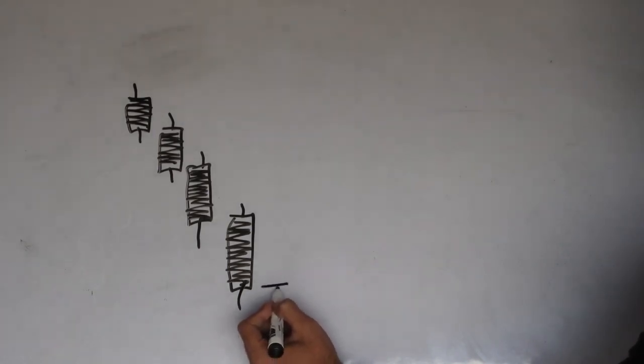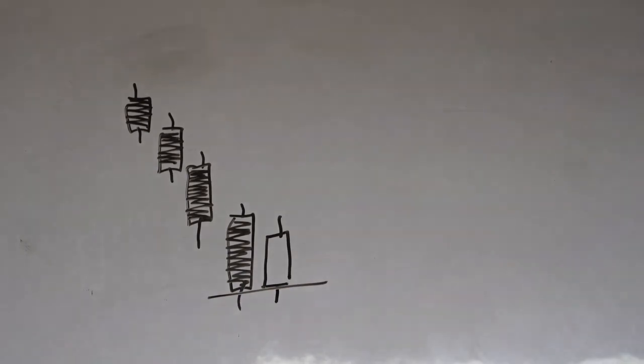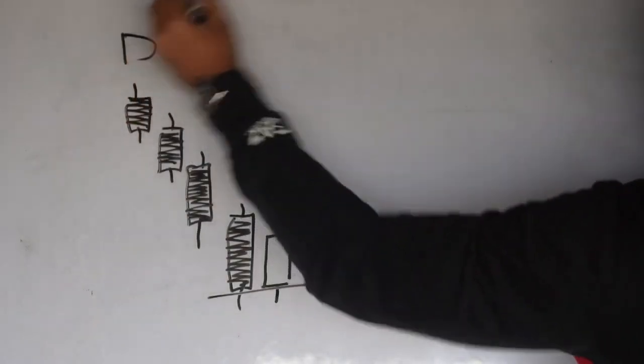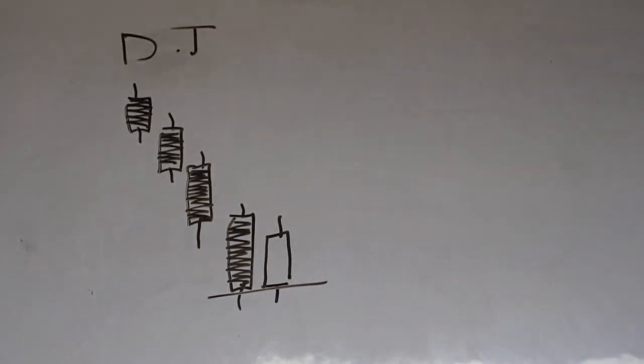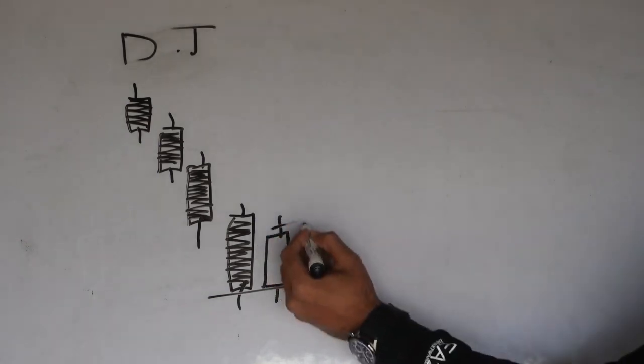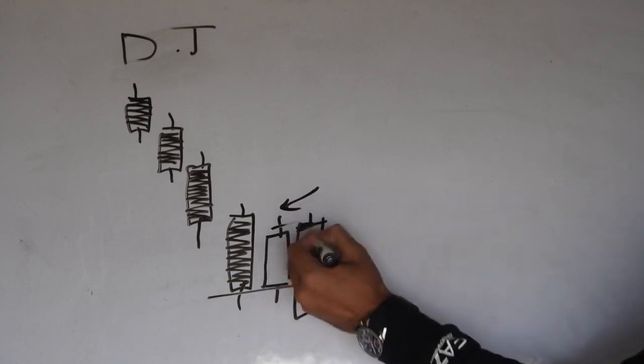Now all of a sudden, you have a bullish candle forming right here. Boom. We got support formed in a downtrend. Don't forget, this is a DT, downtrend. Whenever you have a downtrend, and you're trying to take a buy at this point right here, and it's a very volatile pair, let's say it's gold or pound yen or whatever highly volatile pair you trade, there's a possibility that if you take a buy right here, the next candle respecting this high can continue pushing down.